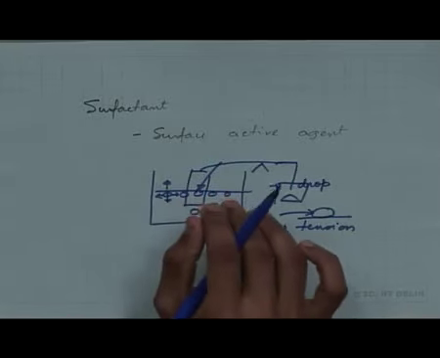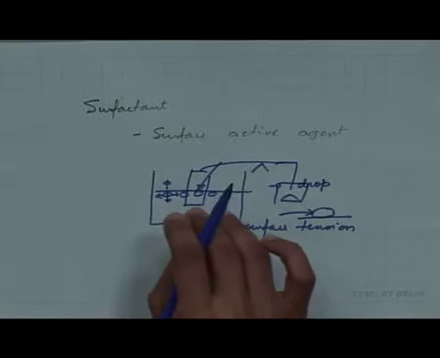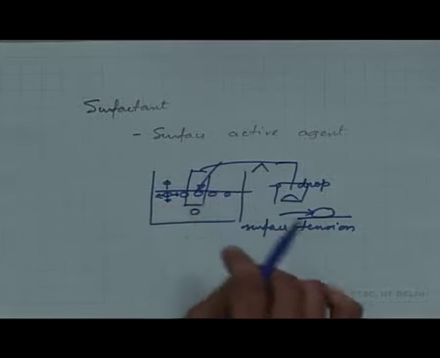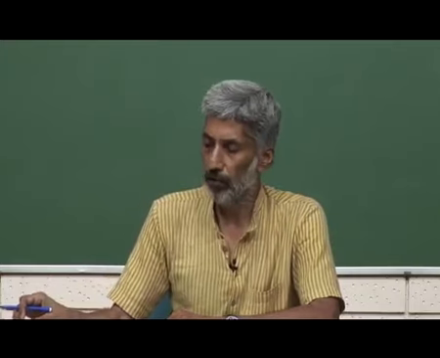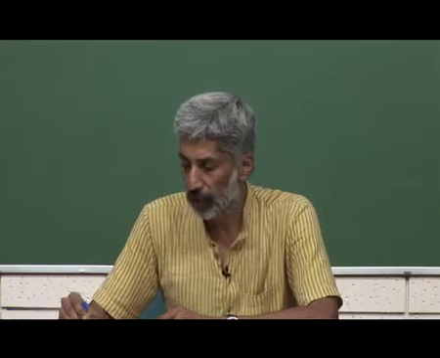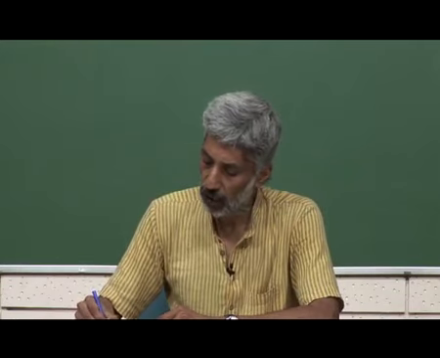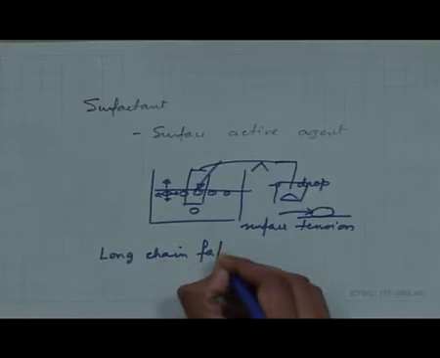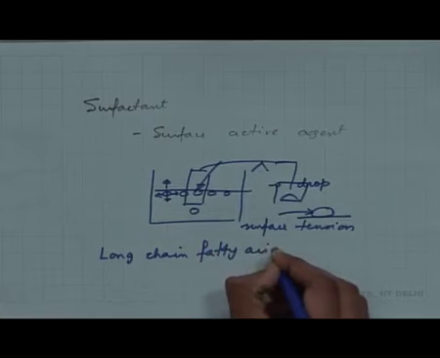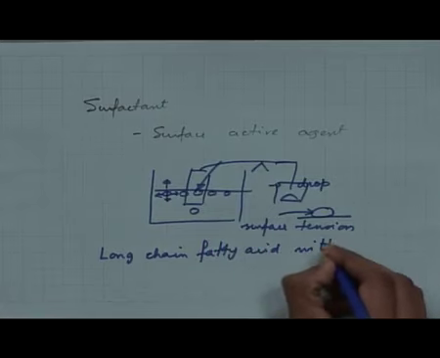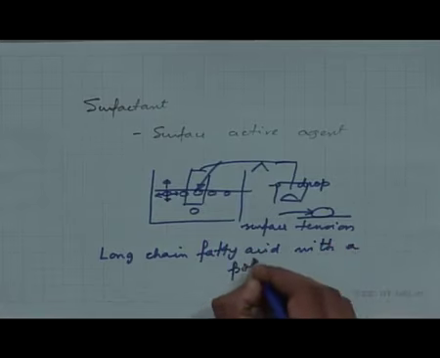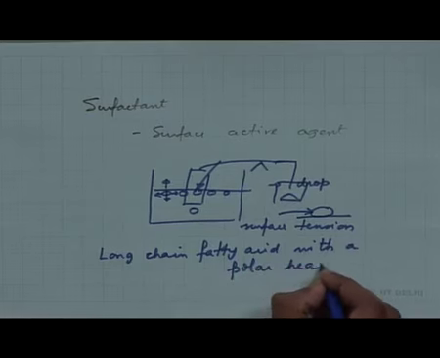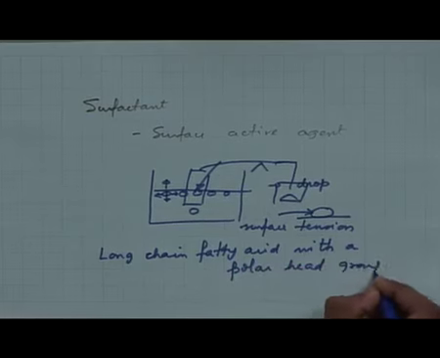What is important for us is how we modify the surface tension of the liquid by using some properties of molecules. So, the surface active agent that we typically use has a long chain fatty acid with a polar head group. So, what does this mean?